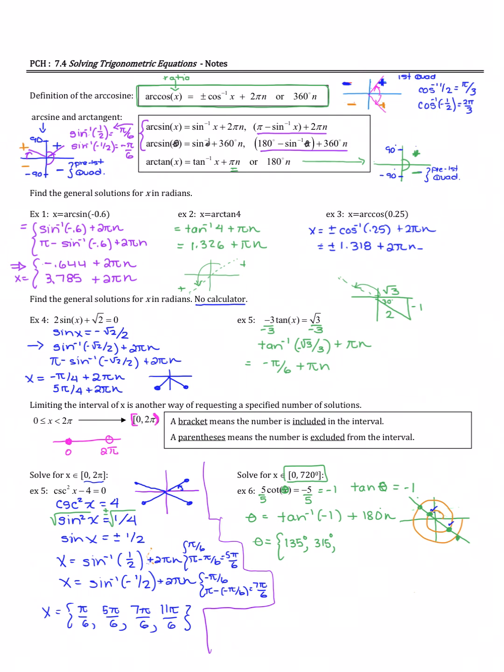And I'm basically adding 180 each time. Then I add 180 to 315, and I'll get 495. And then the last one, you add 180 to that, and we get 675. And those would be my 4 values.